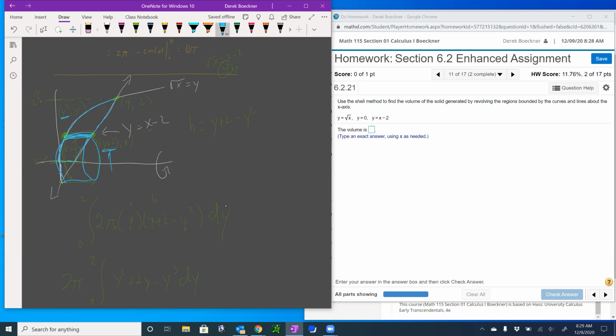So I'm going to take the big X value, which is y plus 2, minus the little y value, which is y squared. So you get y plus 2 minus y squared. That's how long this strip is. Does that help? Yeah, okay, yeah.